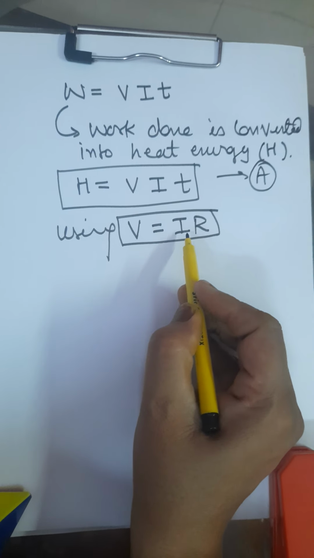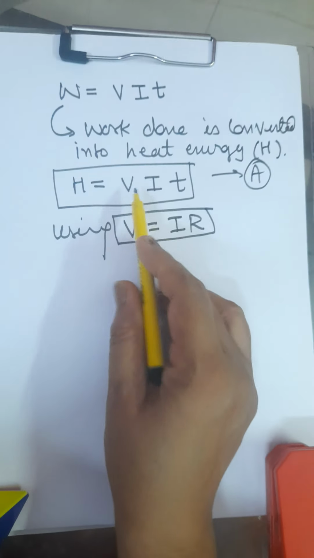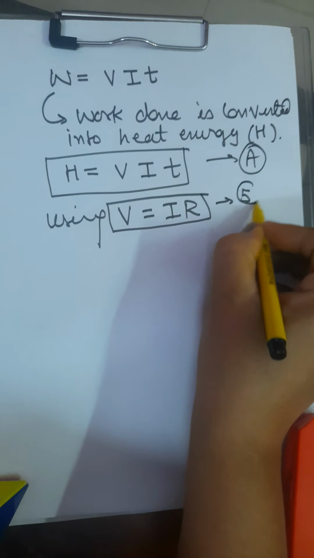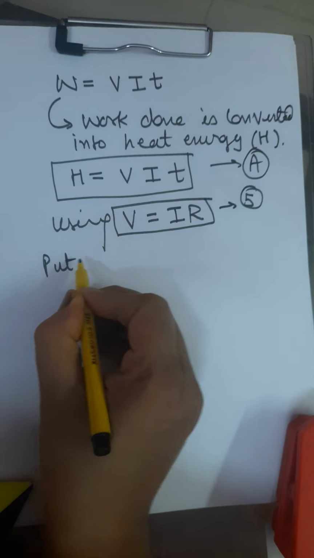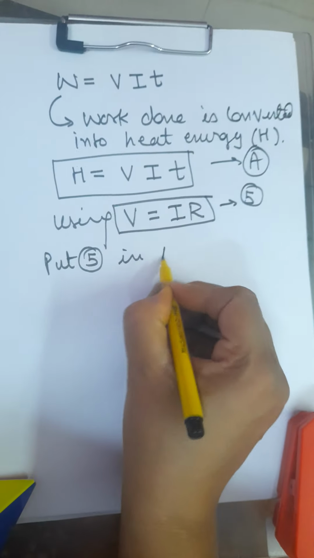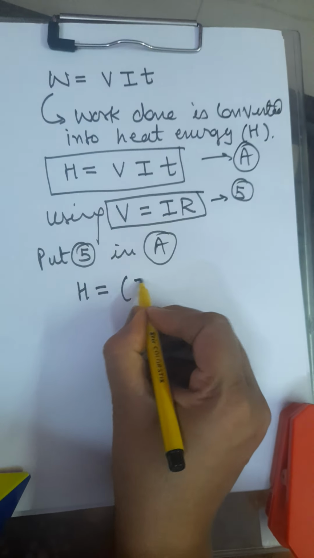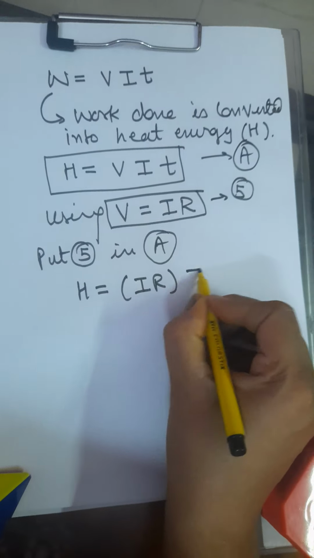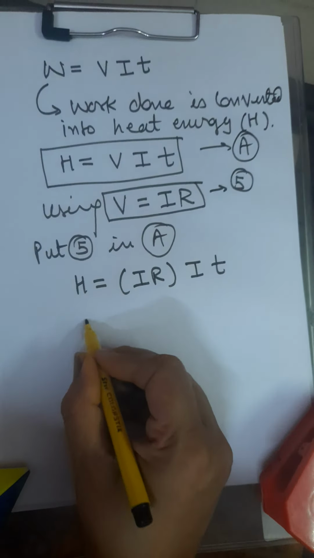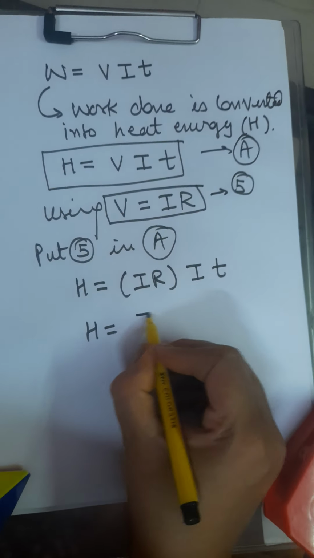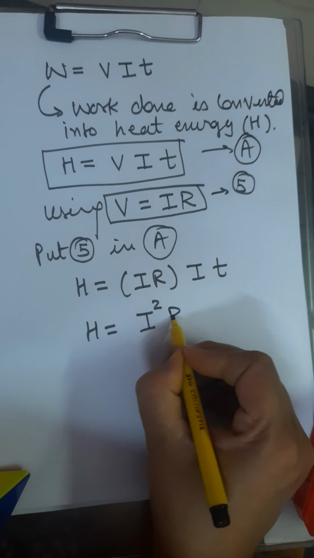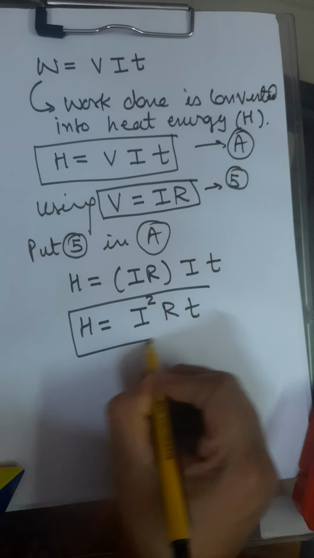If I substitute the value of V in this expression, children, if I put 5 in A, I will get H is equal to, in place of V, I write IR, into IT. So H is equal to I square RT. Right, children?